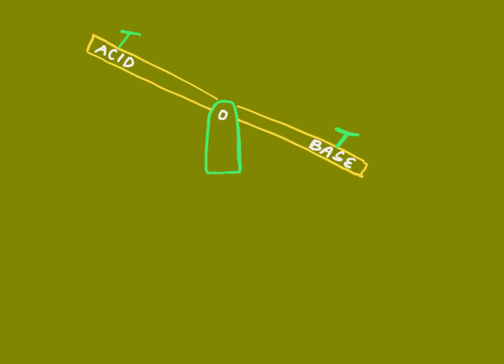Acid-base balance is like a chemical seesaw in our blood. When our blood is too acidic, it means that there are too many free H plus ions in the blood. So bicarbonate ions, which are already present in the blood, soak up the excess hydrogen ions and make the blood a little bit more basic, bringing the pH back to normal.